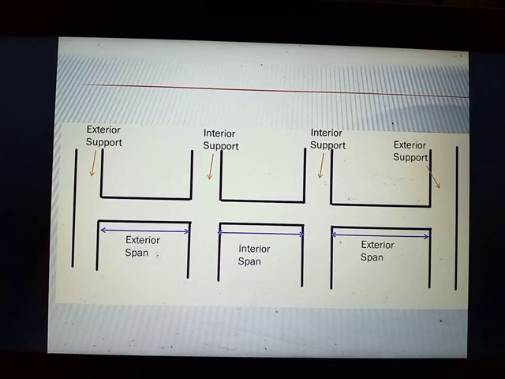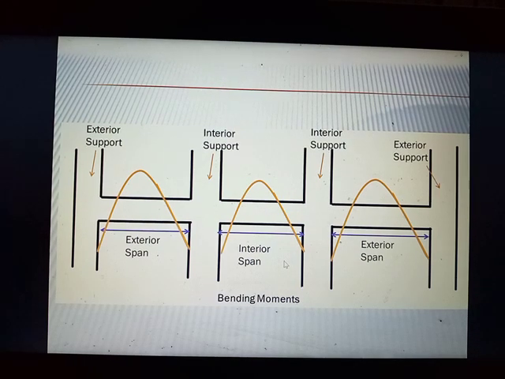Exterior span and then the interior span. Speaking of bending moments, these are usually the form of bending moments, or simply called moments in continuous beams.